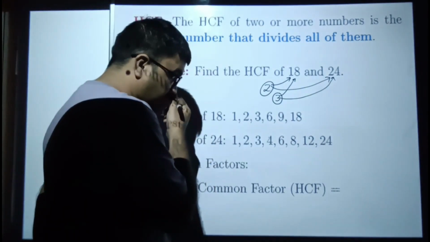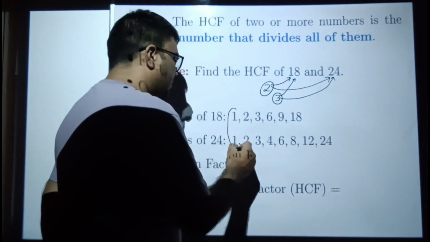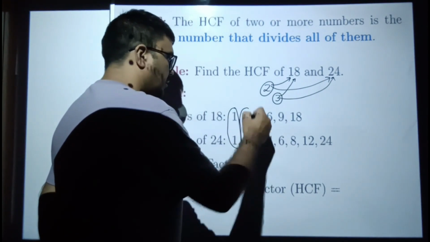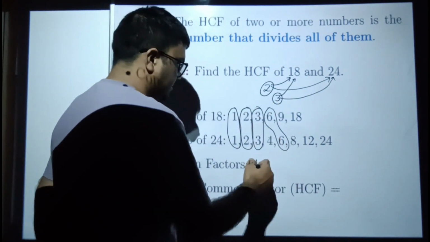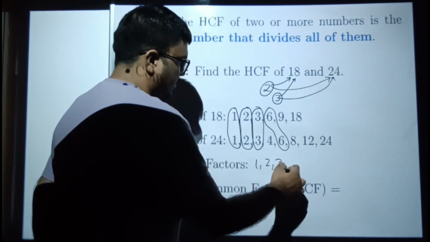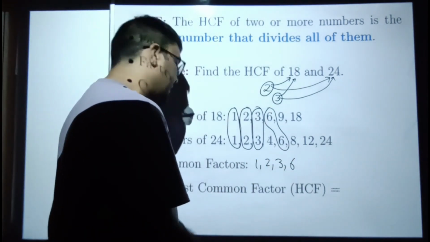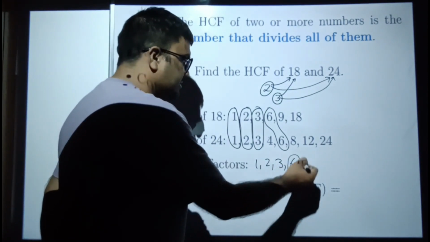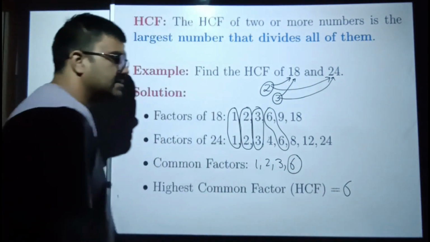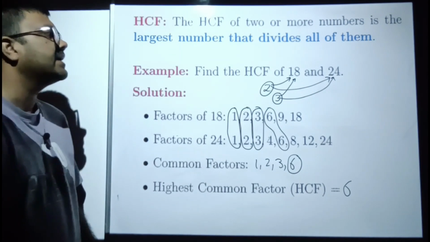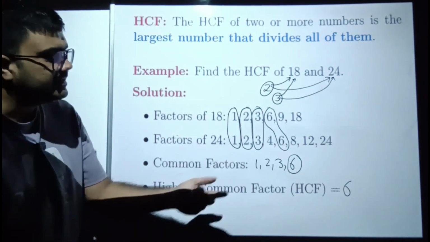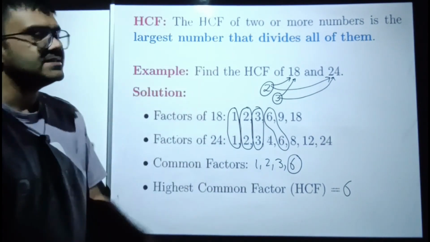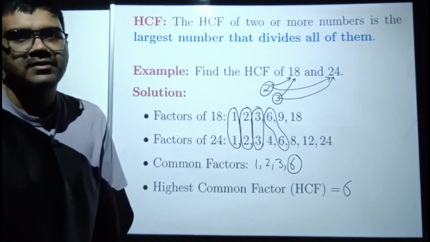The common factors are 1, 2, 3, 6. The highest of all these common factors is 6. So this is how we calculate the highest common factor of 18 and 24, and it is the largest number that divides both of them.